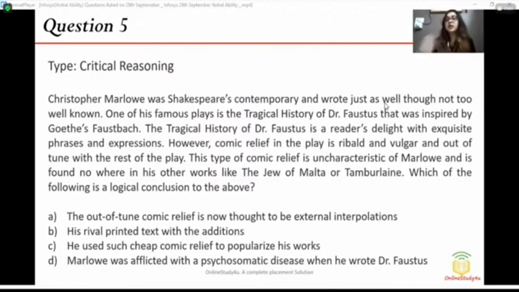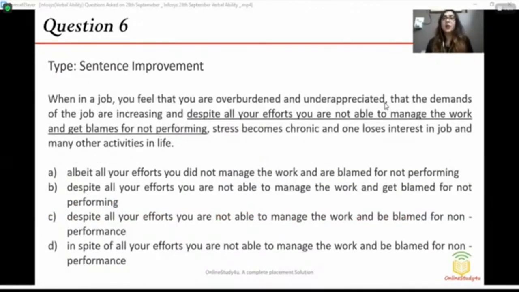Now, all the other options, if you look at rival printed the text, we do not know. That's a very strong conclusion to make. He used cheap comic relief to popularize his work. Again, that's a very strong opinion to make about someone. And he was afflicted with a psychosomatic disease. That also is a very strong opinion. So something that makes sense is that this out of tune comic relief is now thought to be of some external interpolation. So your correct answer is answer option A.